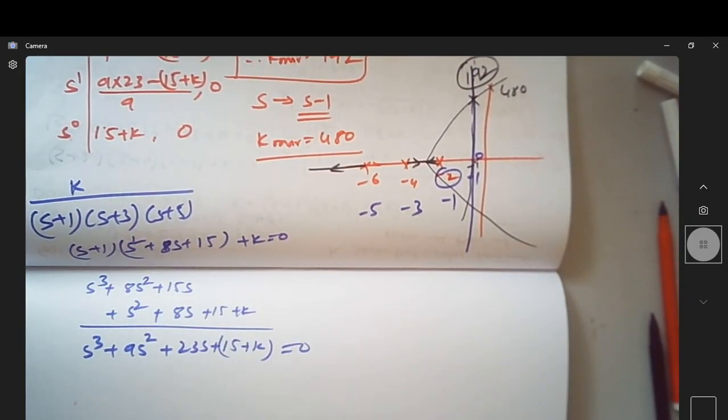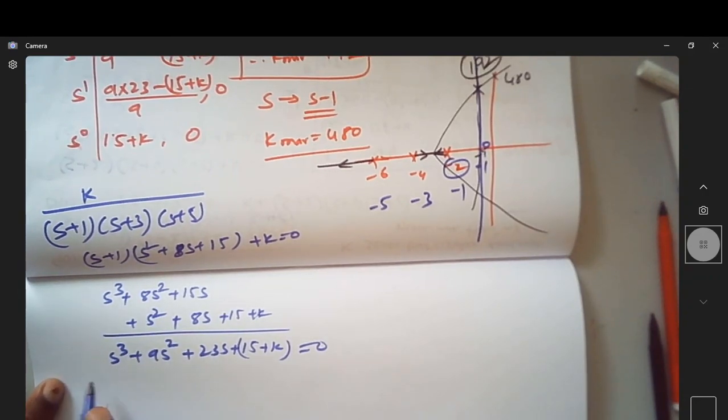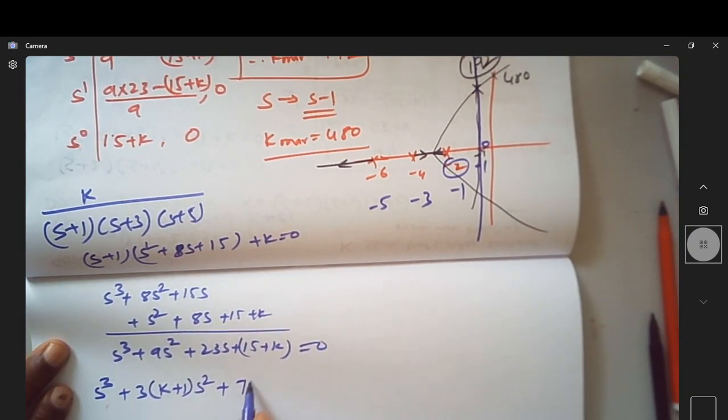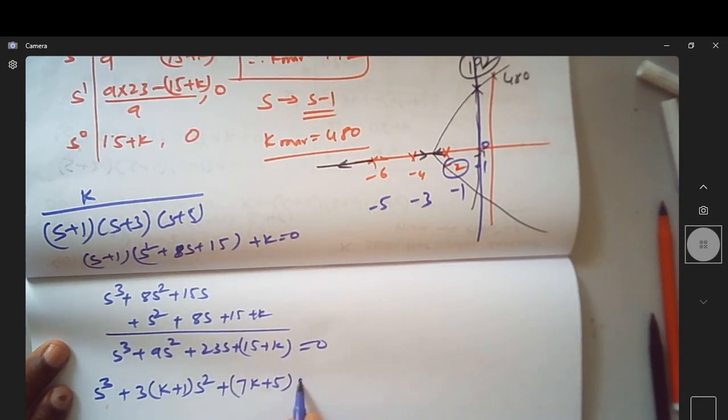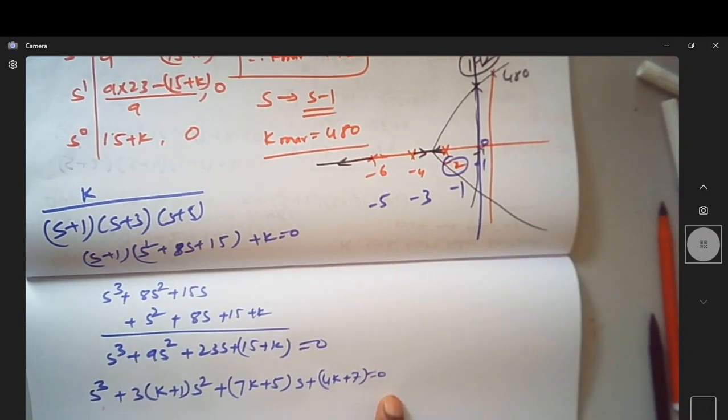So let me give you one example from the textbook. It asks for the equation s cube plus... so this is my characteristic equation.